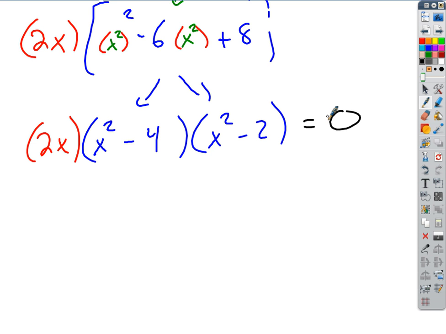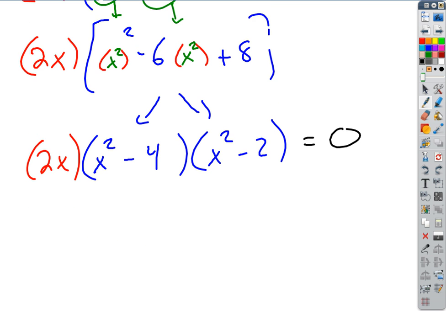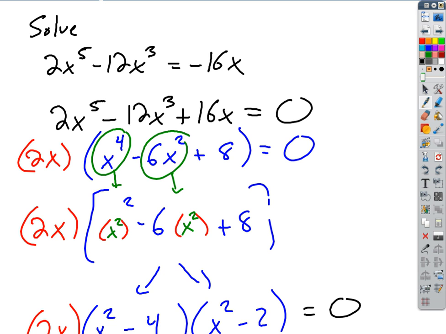But don't lose sight of why we are doing this, right? We're factoring for a purpose. We're factoring to get this thing broken apart enough that we could set the individual factors equal to 0 and solve those equations easily. We couldn't have stopped. We broke it once, and that wasn't enough. The first one, sure, that one's done.